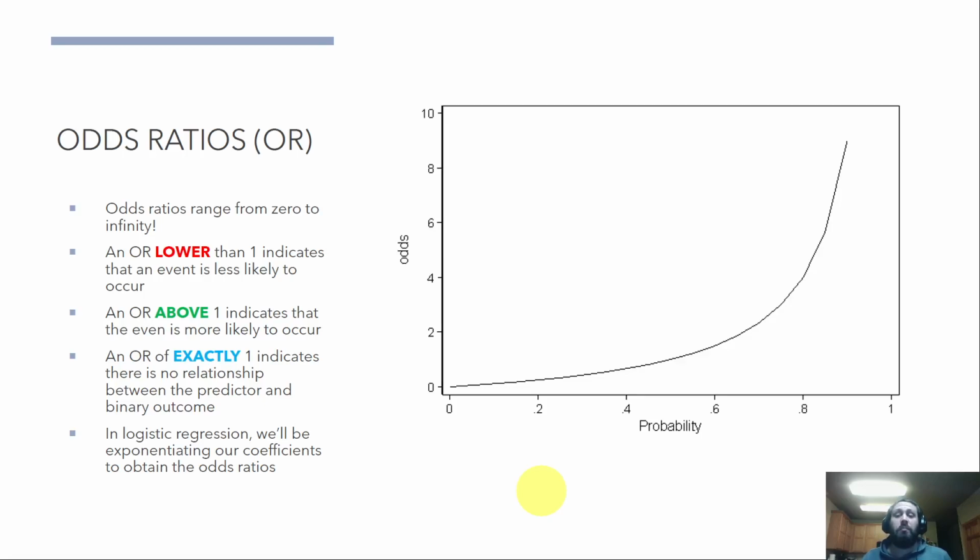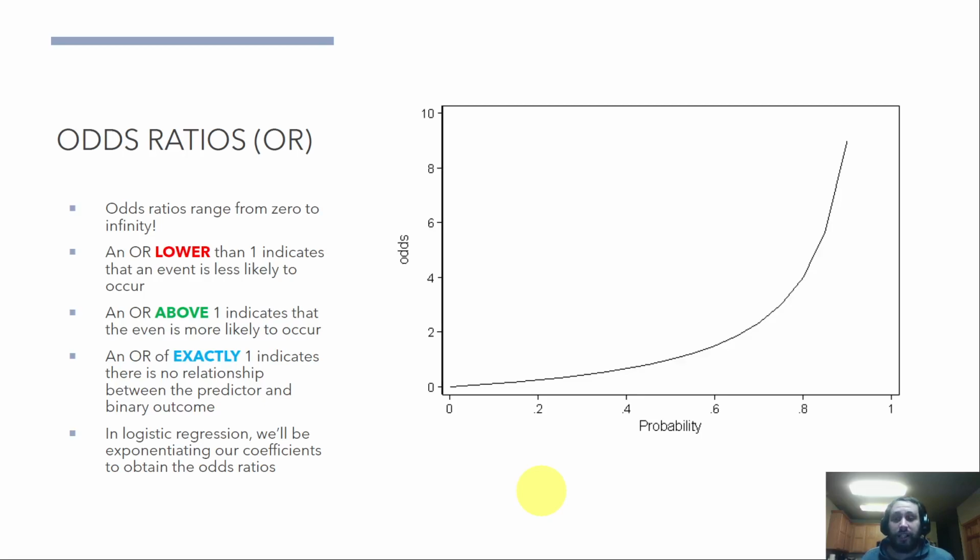An odds ratio above 1 indicates that an event is more likely to occur. So if you have an odds ratio of 2, it says it's 2 times as likely of occurring as another event or something like that. An odds ratio of exactly 1 indicates that there's no relationship between the predictor and the outcome variable. Essentially, the odds of it happening are exactly the same as if it's not happening.